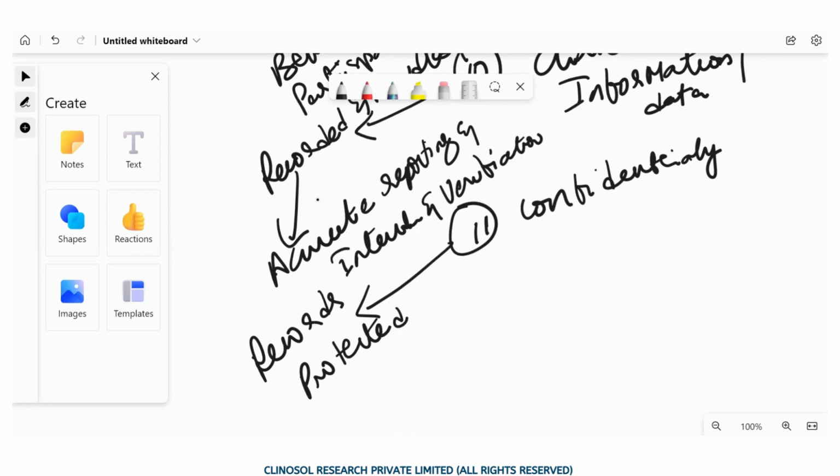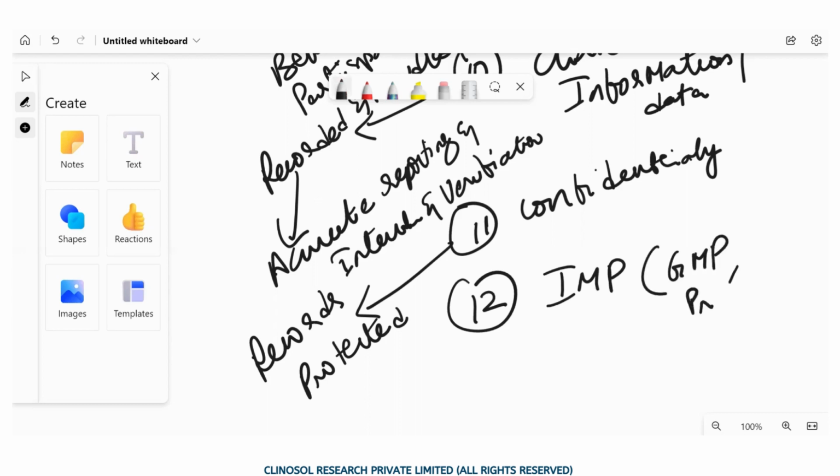Now coming to the 12th principle. IMP. You need to remember two words: one is GMP, one is protocol.